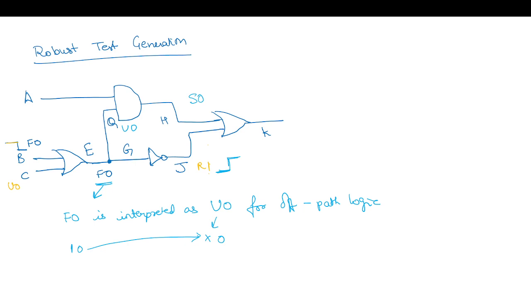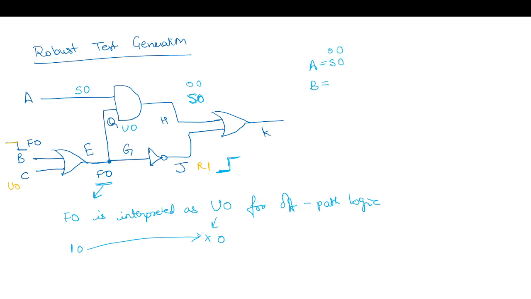So here it is a non-controlling value, so we need a strict 0 here. If any one of the inputs is 0, then the output will be 0, so we need a strict 0 here. So these are the vectors. That means A is strict 0, which is 0, 0.